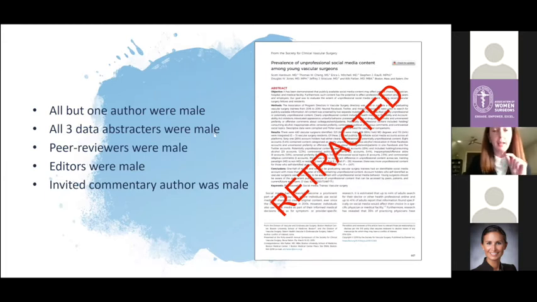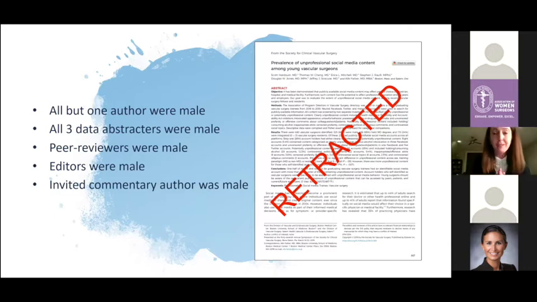The 3 data abstractors who abstracted all the data from social media were all male. The peer reviewers were male. Both editors of the journal were male, and the bulk of the editorial board, might I add. And the author of the invited commentary was male. You can immediately see why this is a great example of why diversity is needed.